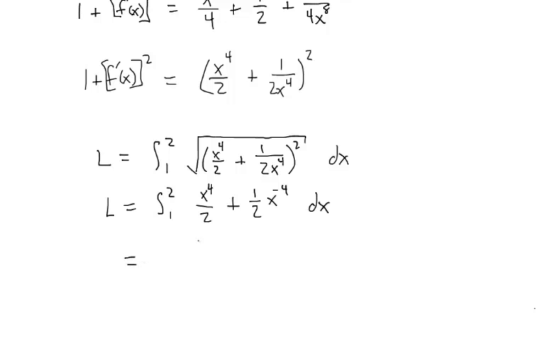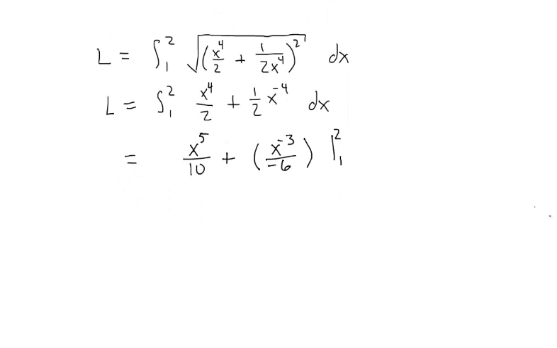And I write it with the negative exponent so that we can take the integral using the power rule. And that is equal to x to the fifth over 10 plus x to the negative 3 divided by negative 6 evaluated from 1 to 2. And now I'm going to rewrite it with positive exponents so it's easier to evaluate. So I have x to the fifth over 10 minus 1 over 6x cubed evaluated from 2 to 1.